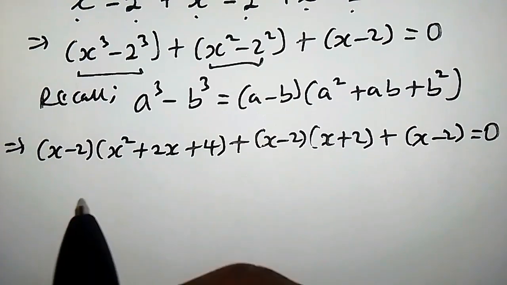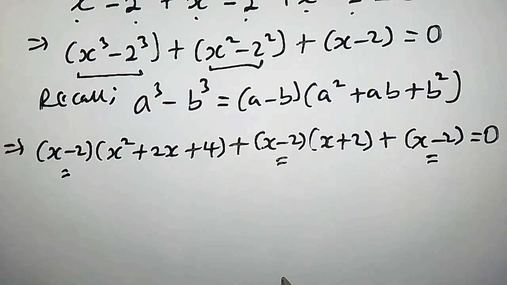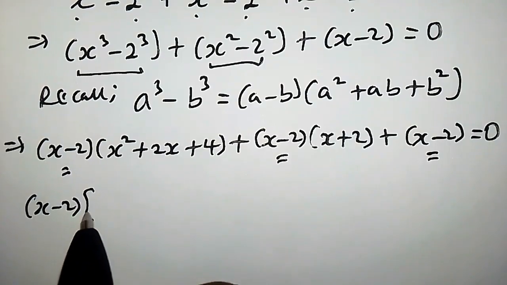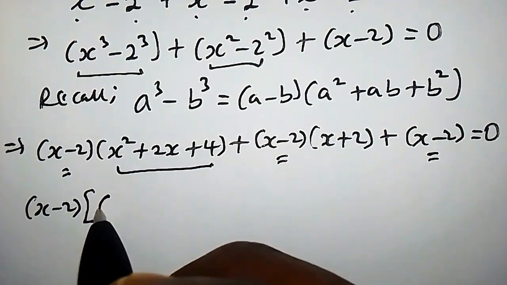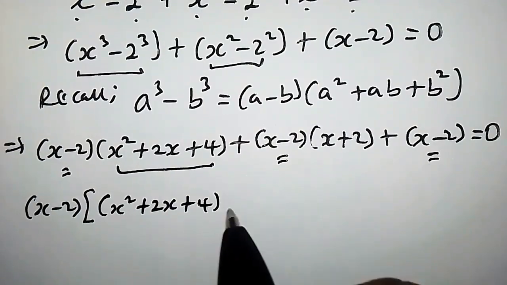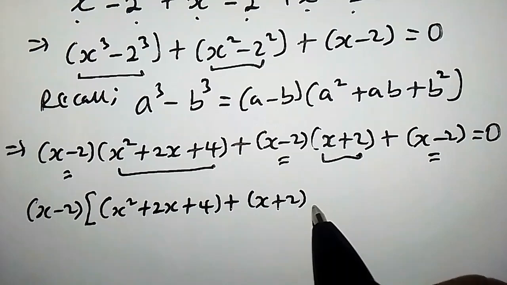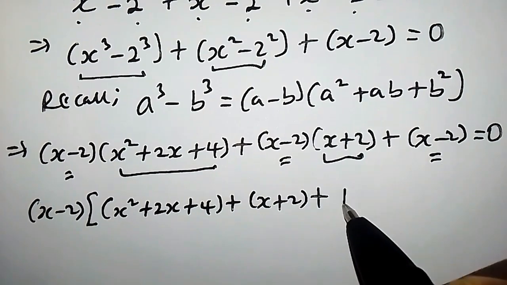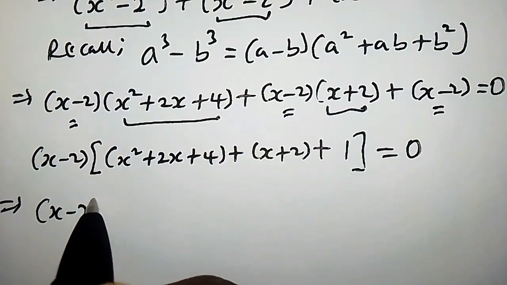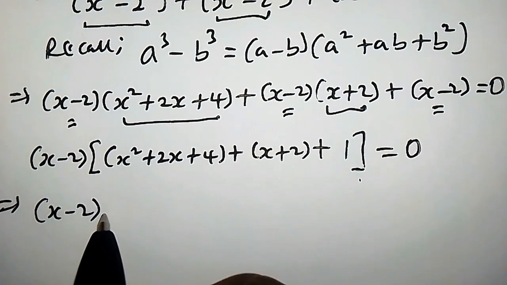You will notice that x minus 2 is common throughout. We can pull it out. So that will be x minus 2 into all of this, x squared plus 2x plus 4, plus this, x plus 2, plus this becomes 1, equal to 0. Now let us drop this square bracket.